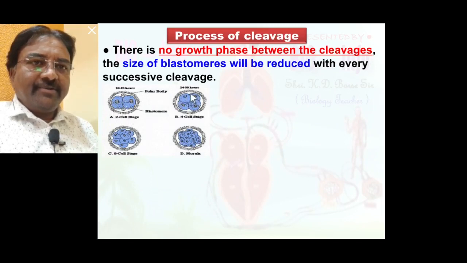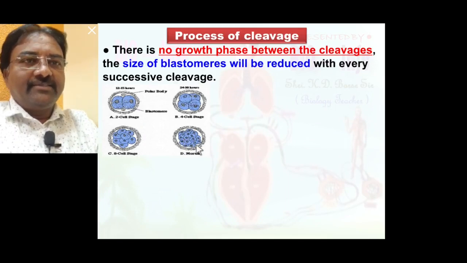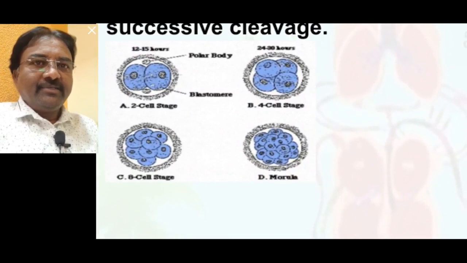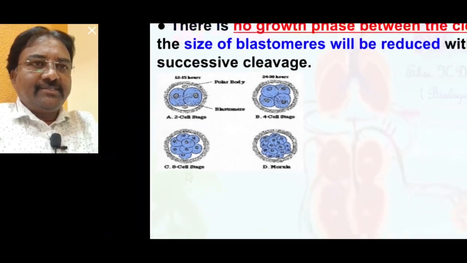The 4 cells formed are small in size. The 8 cells formed are also reduced in size. The 16 or 32 cells formed are also reduced in size. So each and every step produces a larger number of blastomeres of reduced size.